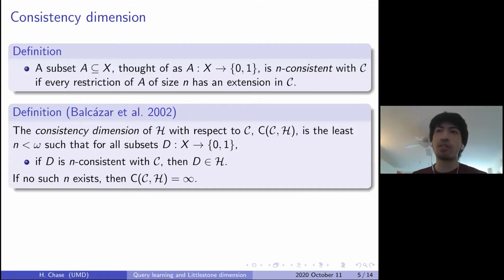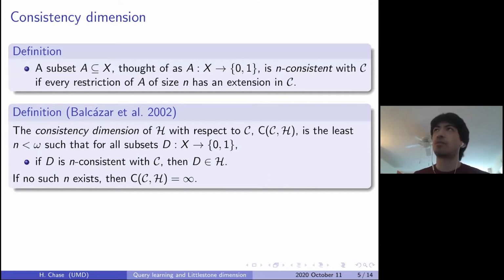The consistency dimension is the least n such that if a set is n-consistent with C, then the set itself is in H, my hypothesis class. So this is a property of both the base concept class C and the hypothesis class H.